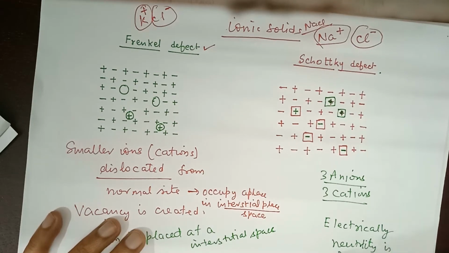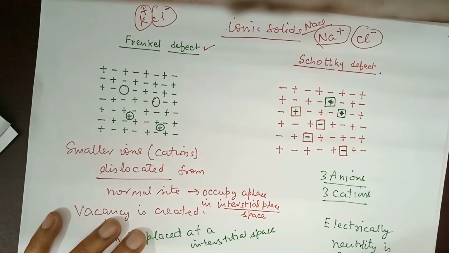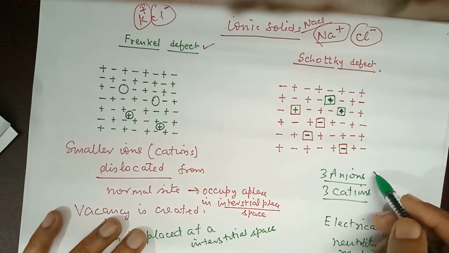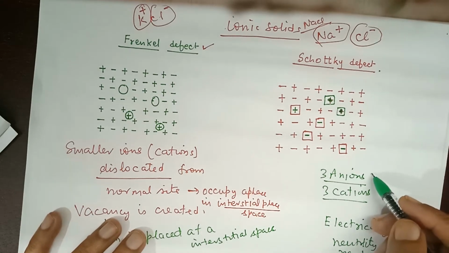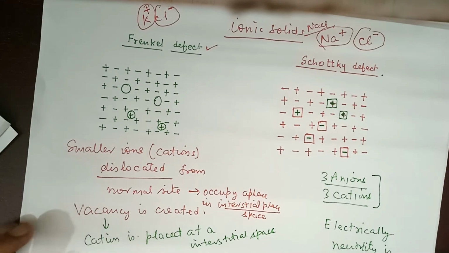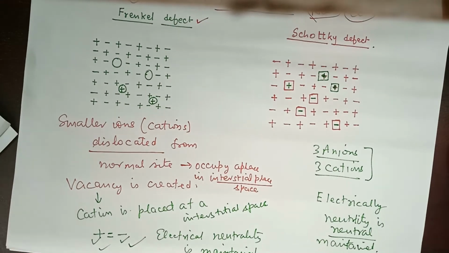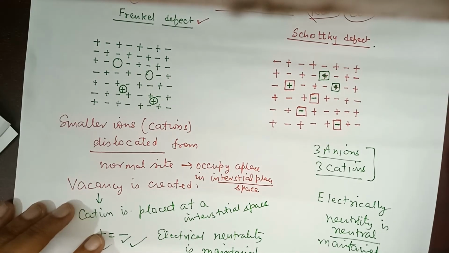Electrically neutral. This is maintained because the number of positive ions missing is equal to the number of negative ions. So the crystal solid remains electrically neutral.